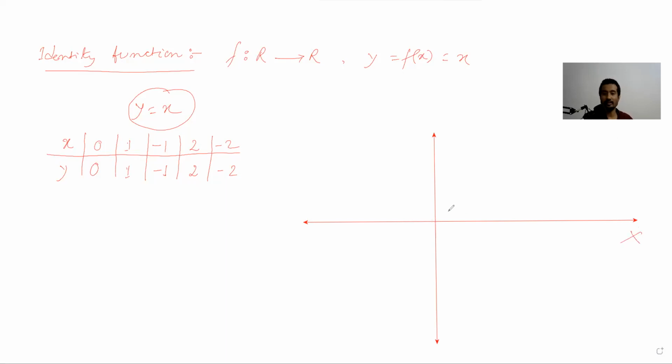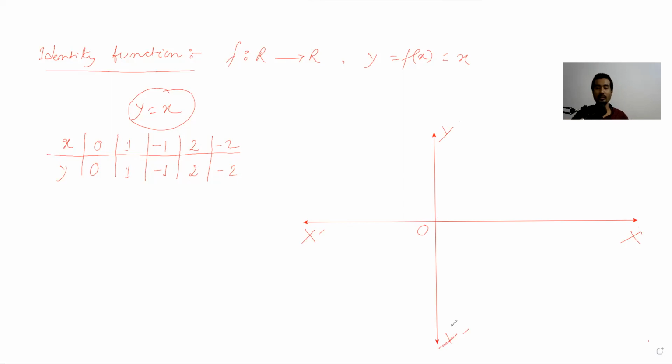This one is x, O here is the origin. X dash is the negative direction of the x-axis. Towards the up, we name it y, that is, y will be positive towards the upward direction, and towards the downward direction we name it y dash, that is, y will be negative there.